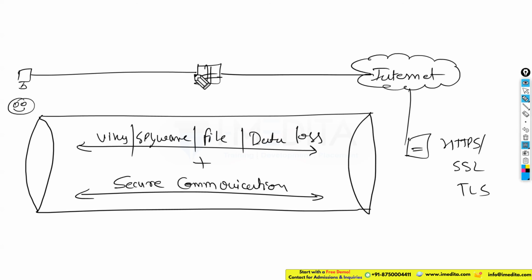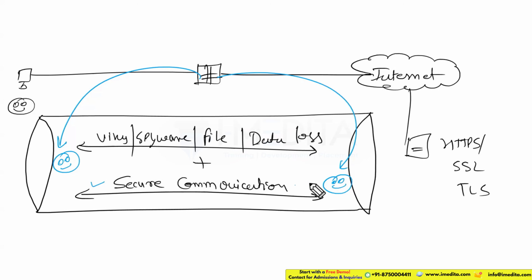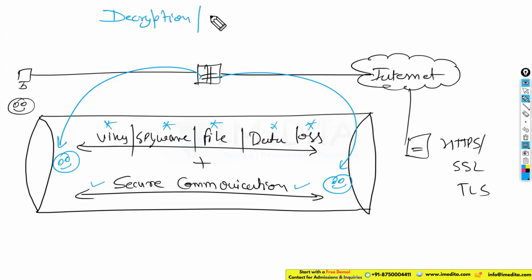Now we want the firewall to be capable of seeing inside the SSL tunnel. Secure communication should be allowed. Virus, spyware, file transfer and data loss should be blocked. If we want this, our firewall should be capable of performing decryption or HTTPS inspection.